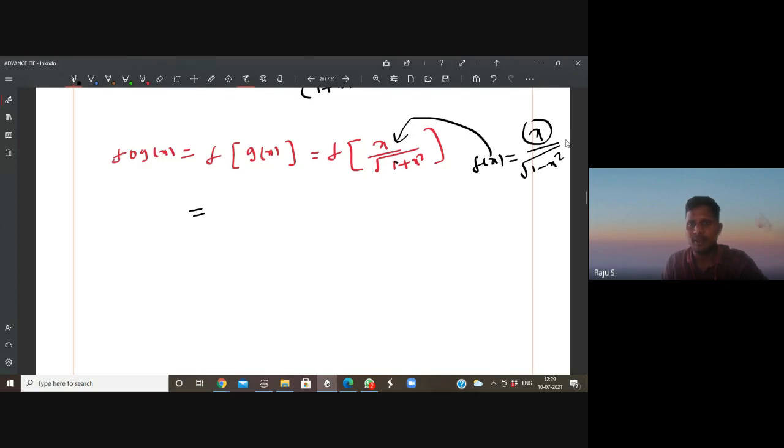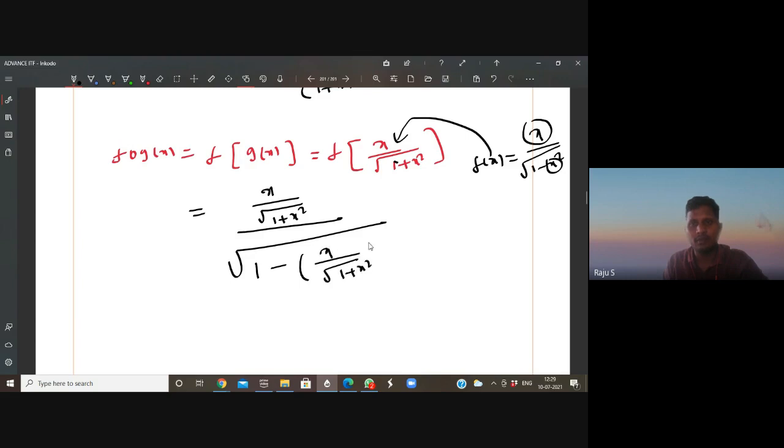F of this value, you can replace in place of x here. So when I replace x by root over 1 plus x square, the whole divided by root over 1 minus x by root over 1 plus x square the whole square. Am I right? Simply I replaced this value in place of x.